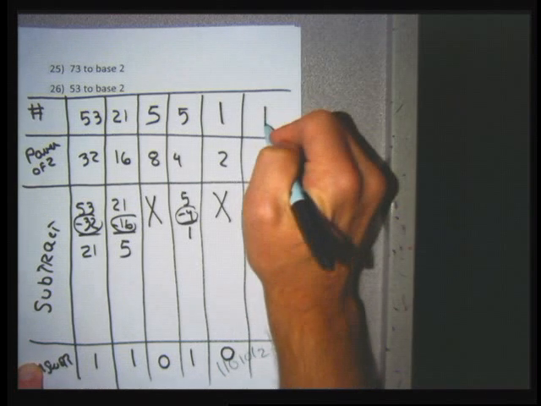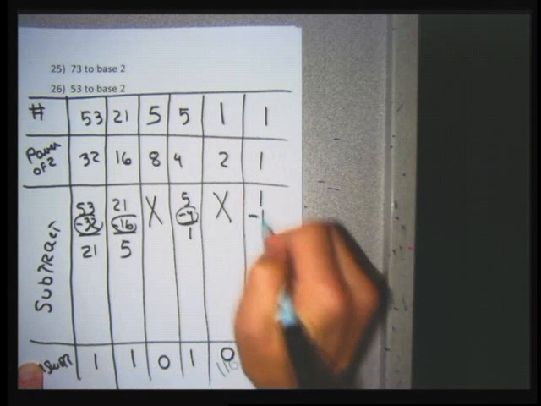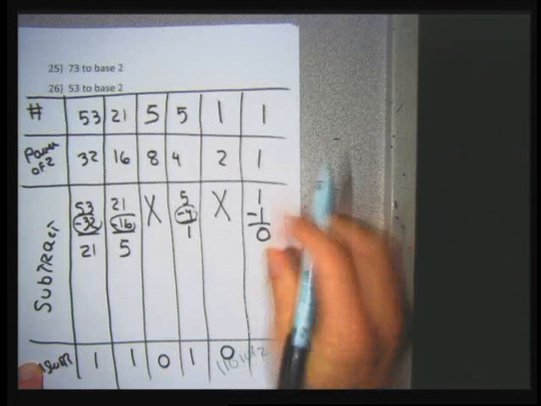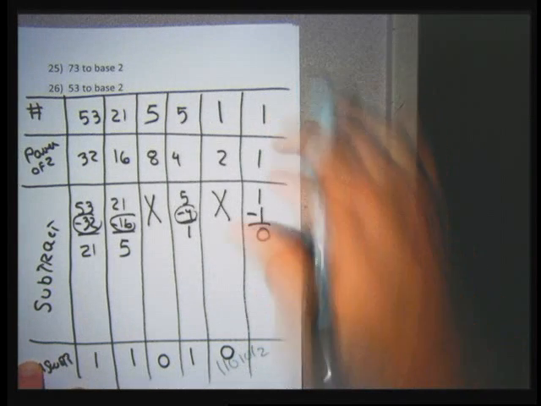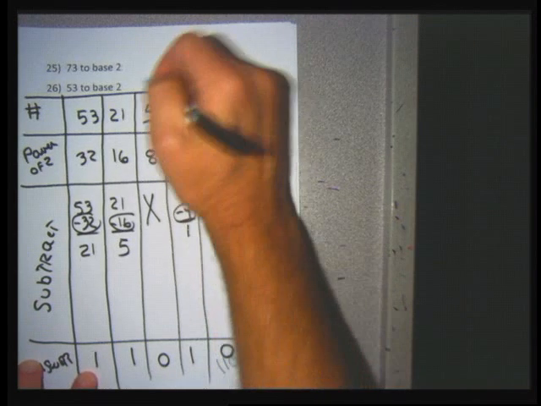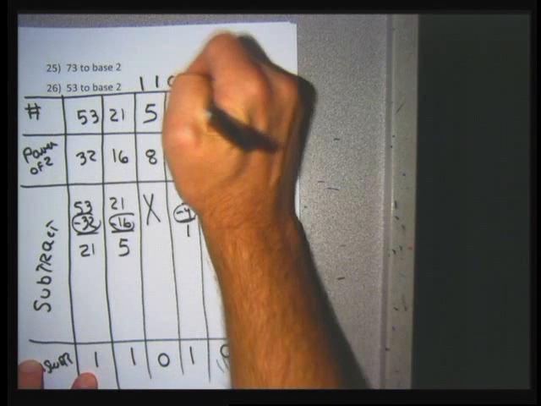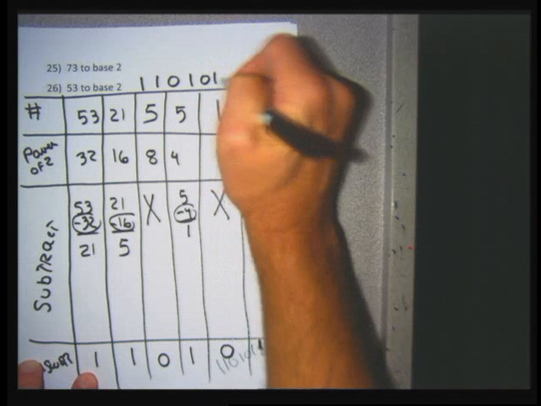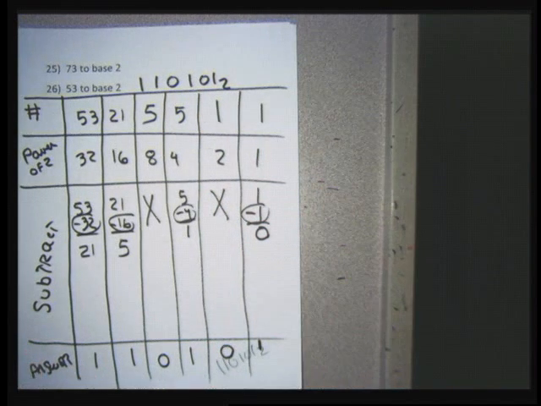Bring my remainder over. 1 minus 1 is 0. I'm at 0. I've used all my powers. I'm done after I write the 1 down here. And my answer is going to be 1, 1, 0, 1, 0, 1, base 2. You're going to have 1 extra digit in your answer.